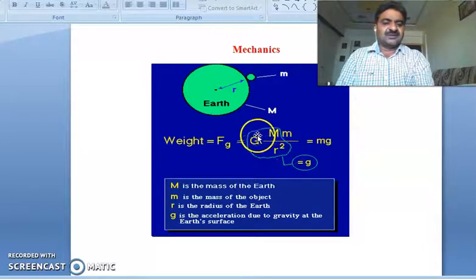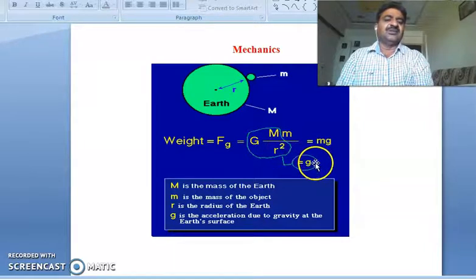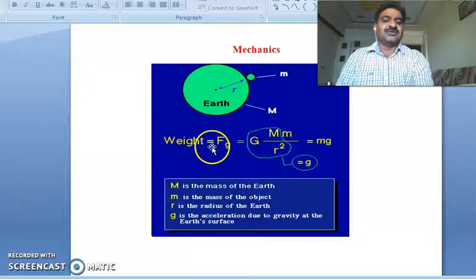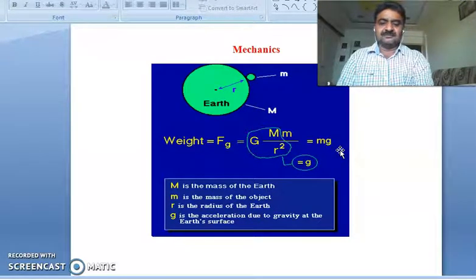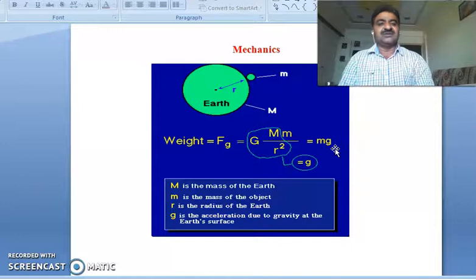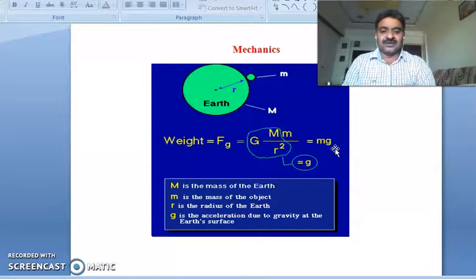But this relation G M by R square is nothing but your gravity, acceleration due to gravity also we can say. Therefore, weight is equal to mass into acceleration due to gravity. Weight is nothing but m into g. And g has direction in downward direction. That's why this weight is said to be a vector quantity.